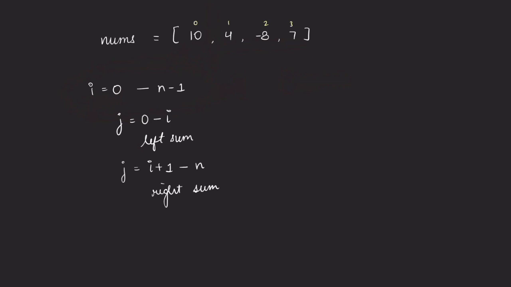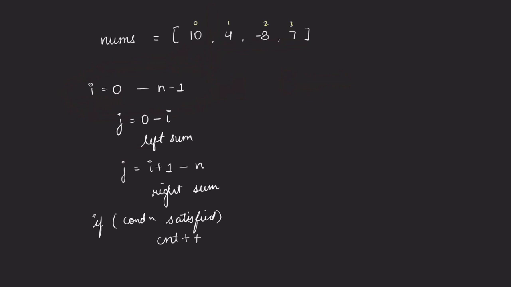And then once I have both the sums, I can check the condition, right? If the condition is satisfied, then I will count this split. Basically, we can take a variable count and count that, okay, this is a valid split, and at the end, we can return this count, right?